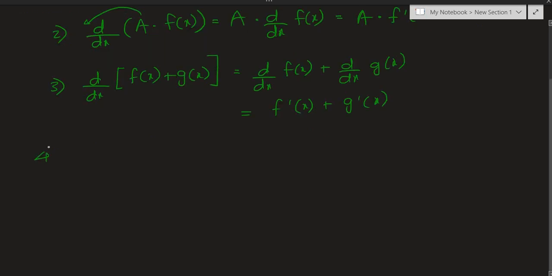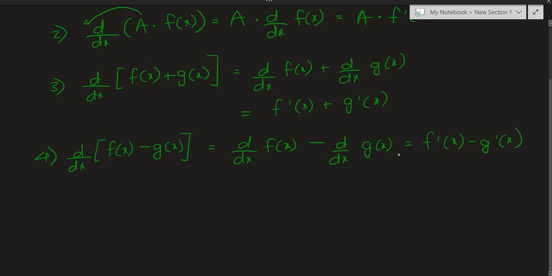Now the fourth property is similar to the third property, except instead of a sum, we have f of x minus g of x. So basically, like our third property, we can split it as the derivative of f of x minus the derivative of g of x, and then again using this shorthand notation, we have f prime of x minus g prime of x.